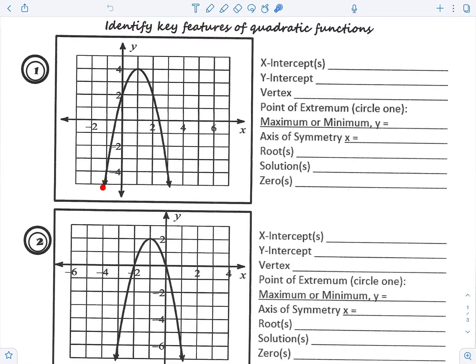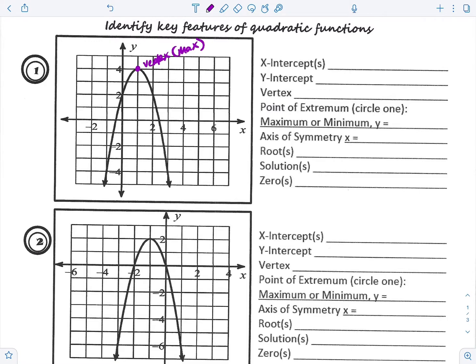So we come up, reach a point, and come back down. That's called our vertex right here, which is a maximum. So let's make that note: this vertex is a maximum.